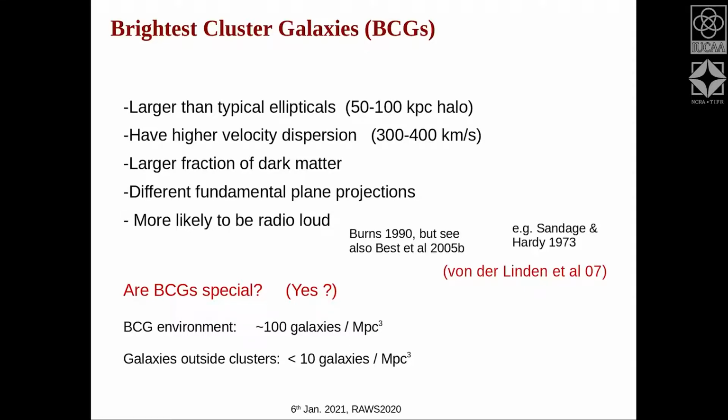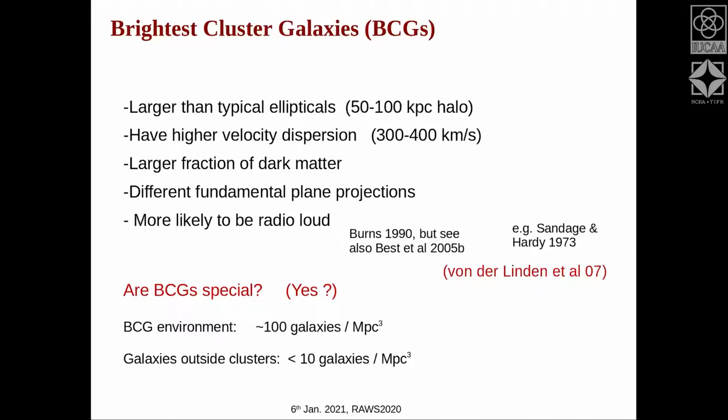There is a large fraction of dark matter. It has different fundamental plane projections, but I will not go into that. Maybe you have heard of the fundamental plane in some other talk. They are also more likely to be radio loud, so a lot of these cluster center galaxies are very bright in radio.